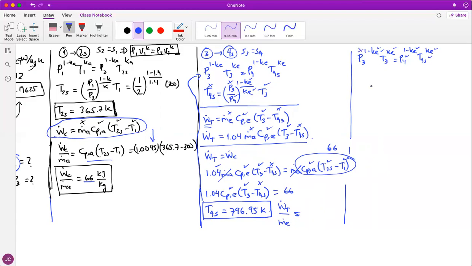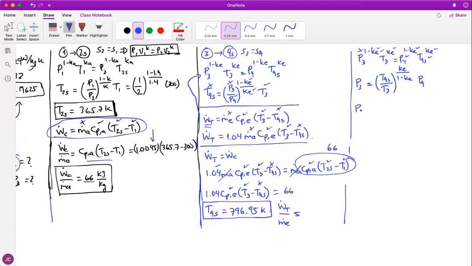Now I can get this. Therefore, P3 equals T4S divided by T3, to the power KE divided by 1 minus KE, multiplied by P4.